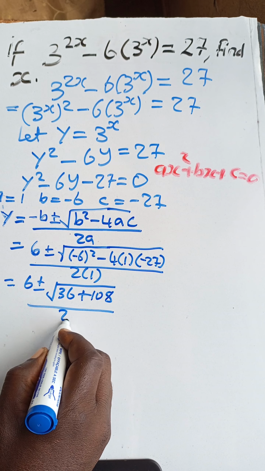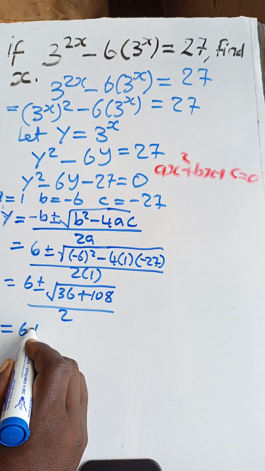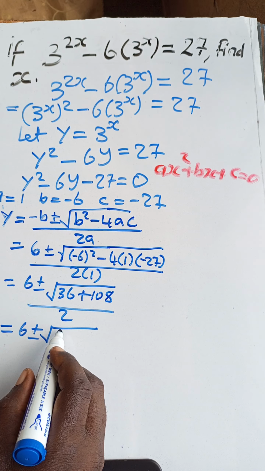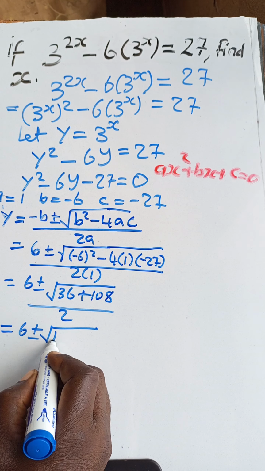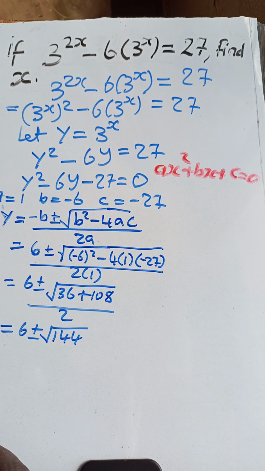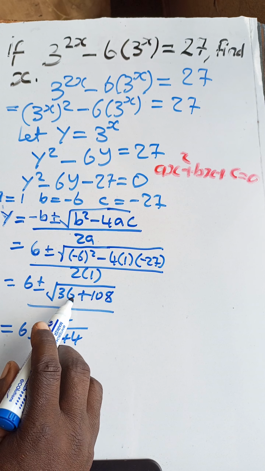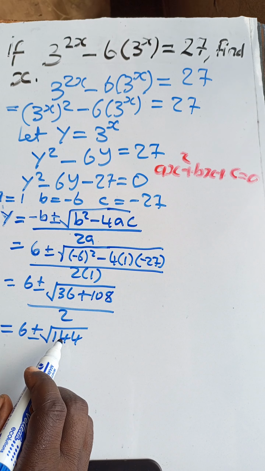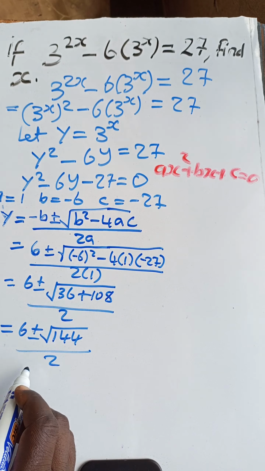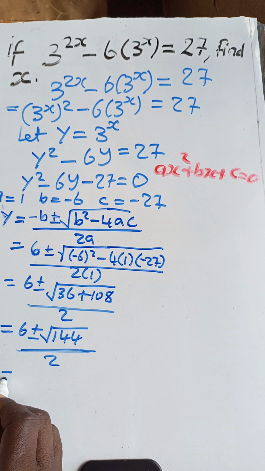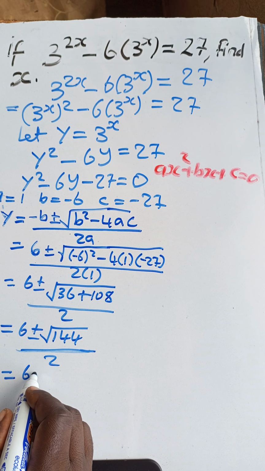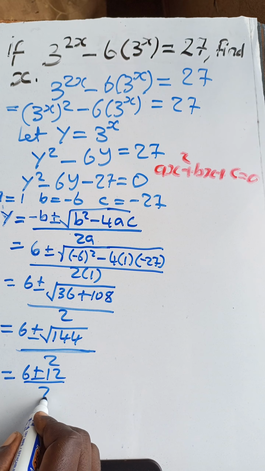Okay, so that gives us 6 plus or minus the square root of 36 plus 108, which gives us 144, all over 2. We know the root of 144 is 12. So we're going to have 6 plus or minus 12 all over 2.